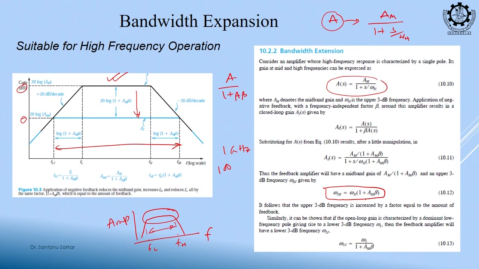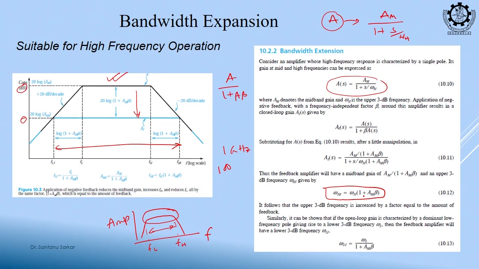The factor by which my gain was reduced, by the same factor my cutoff frequency will be increased. We are not doing anything special, we are just putting it in an equation and flattening that equation.